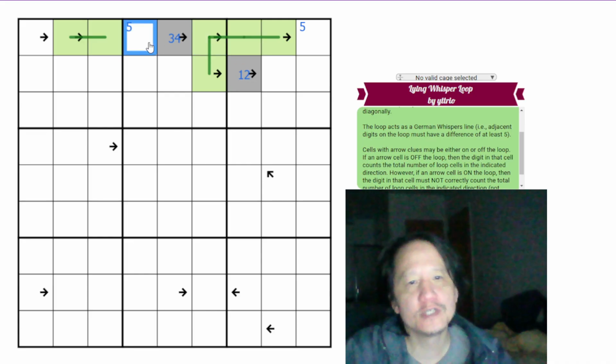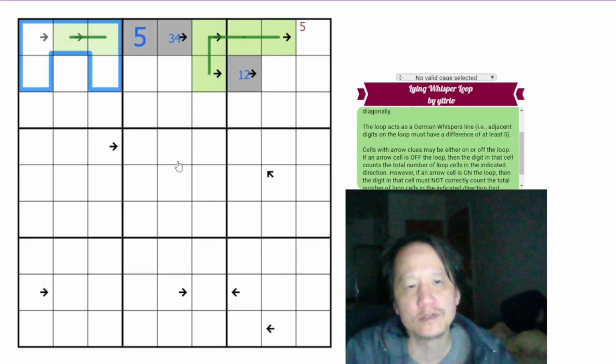Okay, so say this was a 5. If this is the 5, and therefore it's not on the loop, this has to go this way, which means this exits this way, which means this exits this way.